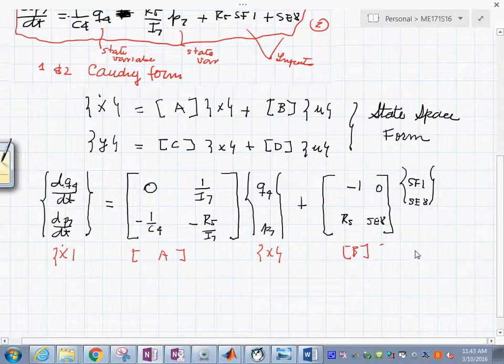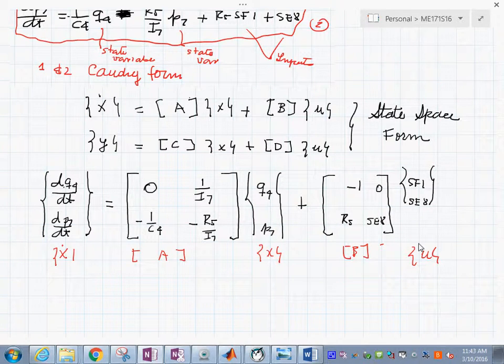So I just want you to be prepared that the matrix would be like dp sub 7 dt here, and the other one will be dq sub 4 dt. In that case, the terms would be rearranged a little differently.